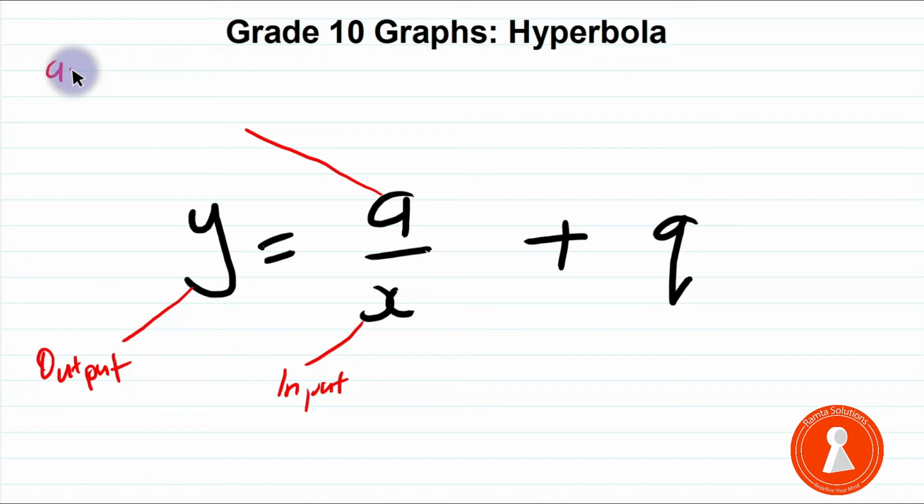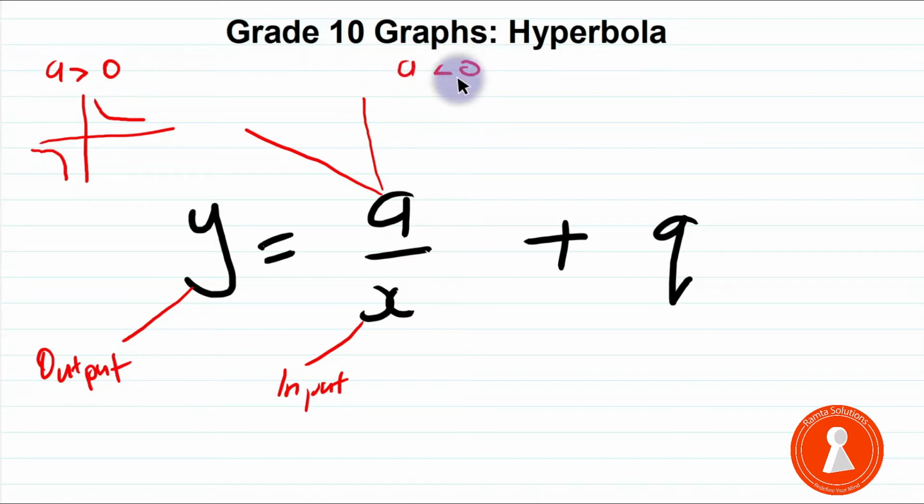So if A is positive, the hyperbola will be between the first and the third quadrant. And if it is negative, it'll be between the second and the fourth quadrant. It'll be like this.